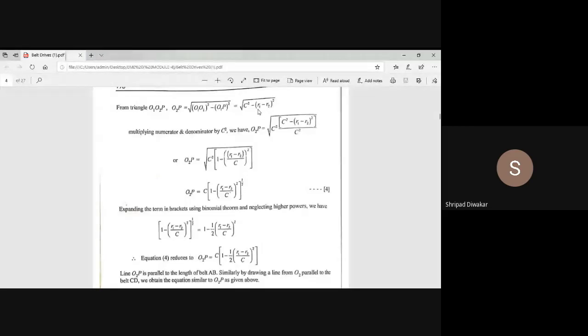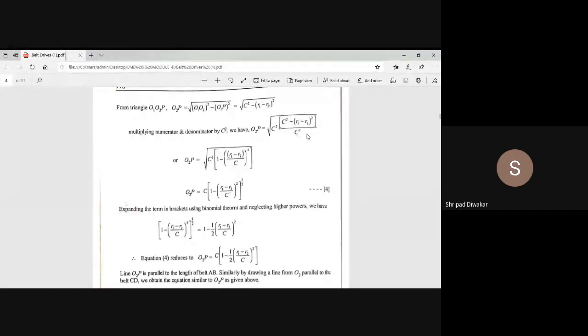Next you write O2P as it is, square root of C square, multiplied and divided by C square, and the remaining terms as they are, such that there is no change. C square in the bracket, C square minus R1 minus R2 whole square, divided by C square, means there is no change in the equation.